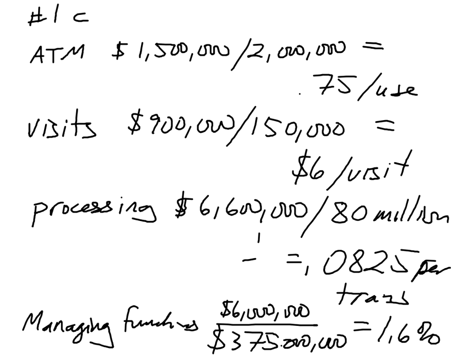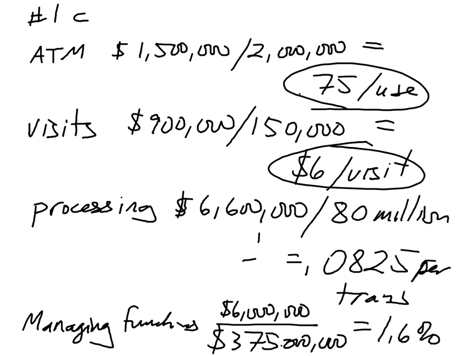So whatever deposits we have, 1.6% of that is going to be an expense for managing that money. All right, so again we have 75 cents for the ATM, $6 for a visit, 0.0825 per processing transaction, and 1.6% cost for managing deposits.